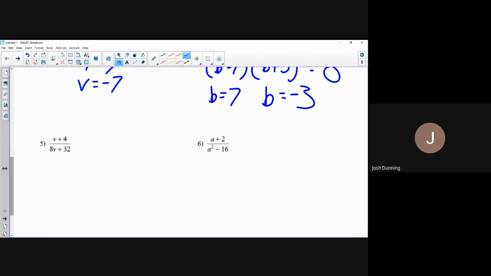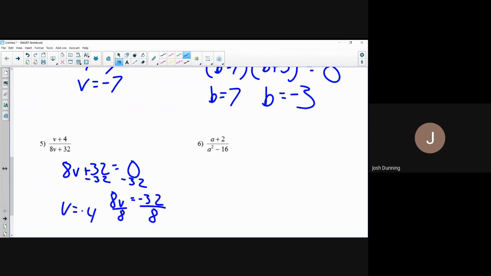Number 5, though, goes back. There is no square or anything, so two-step. Minus 32, divided by 8, negative 4. Number 6, now it says squared.